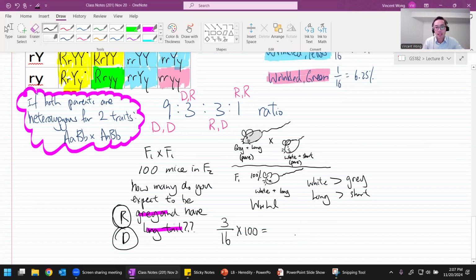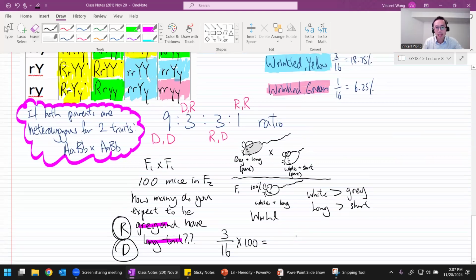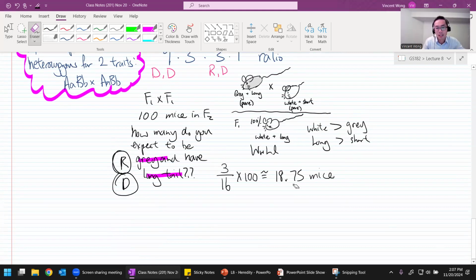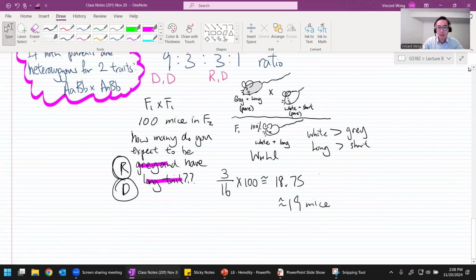So then you plug this into the calculator, 3 divided by 16 times 100. So you would expect approximately 18.75 mice. Obviously you cannot have 0.75, so roughly 19 mice.